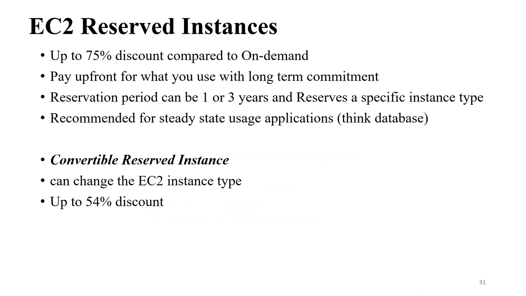But if you go for the convertible, maybe today you will ask for 16 GB, maybe tomorrow 32 GB, or maybe 8 GB on the basis of the demand of your application. For convertible, they charge additionally. You will get only a 54% discount, but you get flexibility.